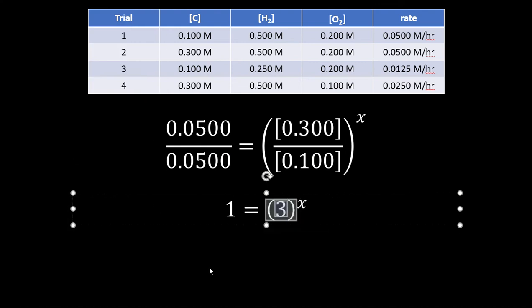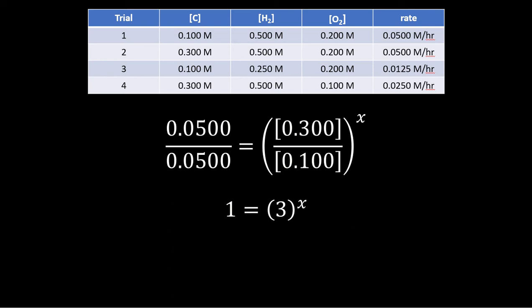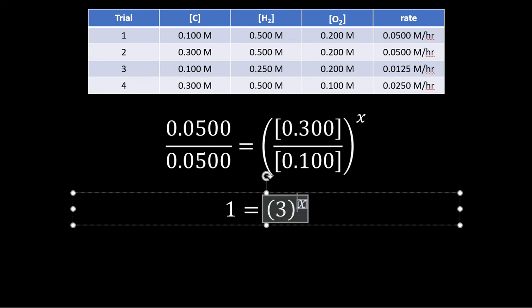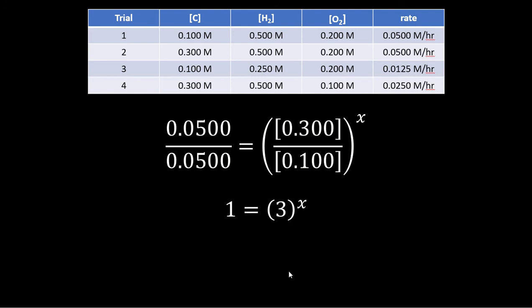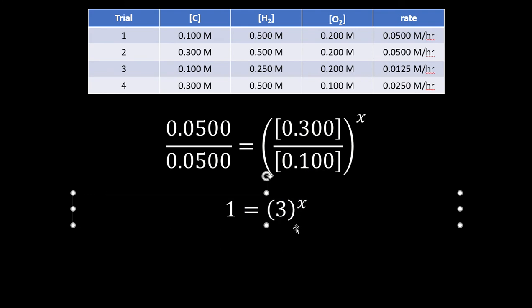Now, the way to solve for the value of x is to look at it intuitively. What if we have some value of 3? What exponent can we raise it to get a value of 1? Well, that's very simple.